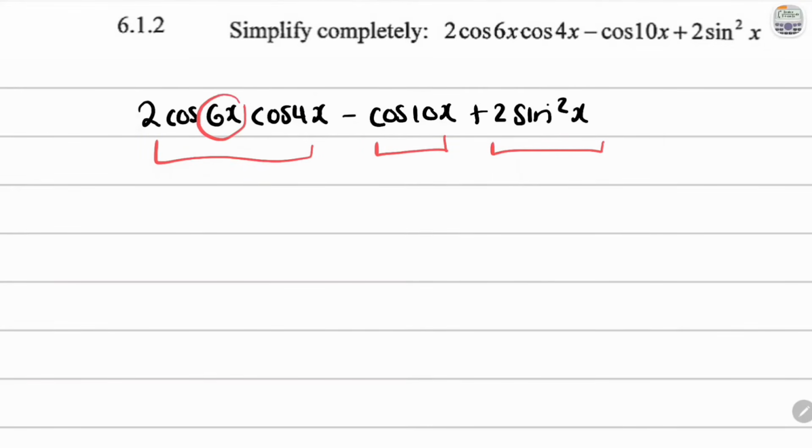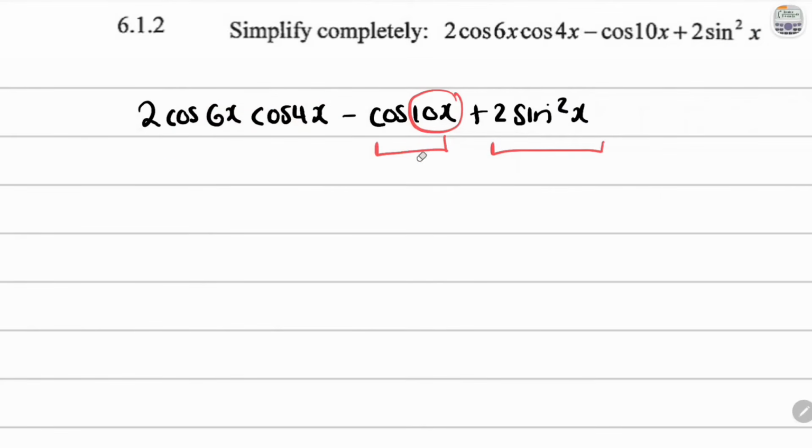We have 6x and 4x. Then we have a 10x here. Well, 6 plus 4 is 10. So if we could change this to cos 6x plus 4x, it will expand to something that will help to simplify with this one.